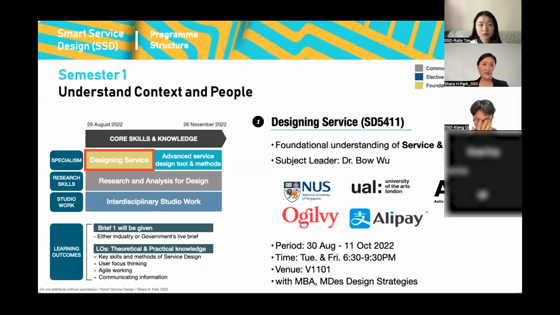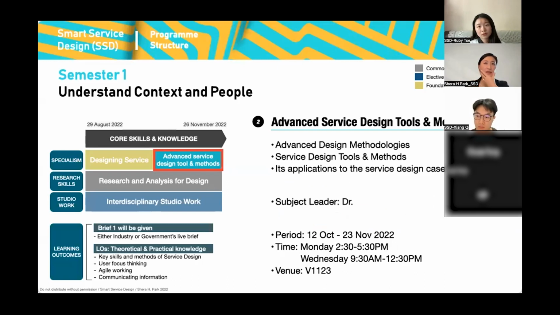They explain what they are doing and provide case studies. So you can know the design principles and knowledge of the designing of services, and then advanced service design tools and methods, which consists of 7 weeks.